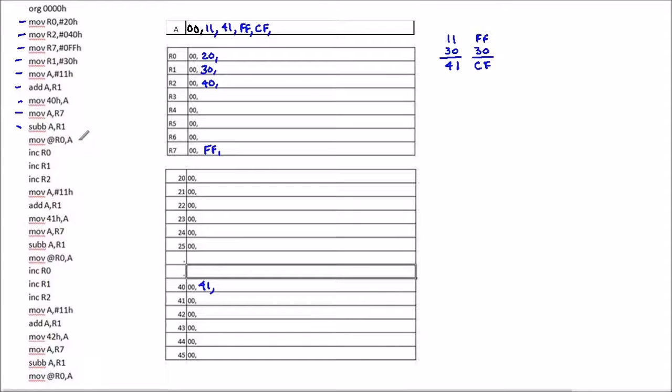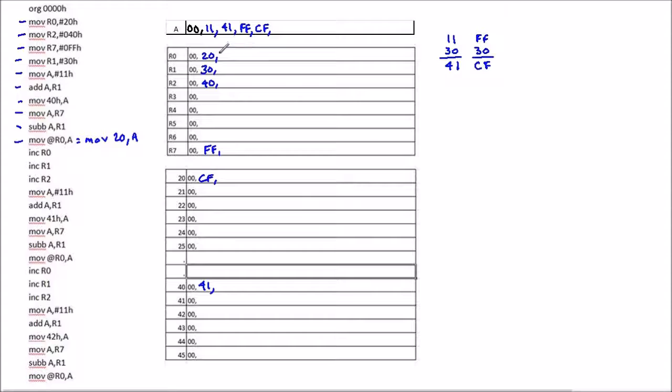So that means the contents of the accumulator is going to go into 20. This would almost be the same as take the contents of the accumulator and move it into memory location 20, since that's where R0 is pointing. Well, the contents of the accumulator is CF, so we're going to put that in memory location 20.